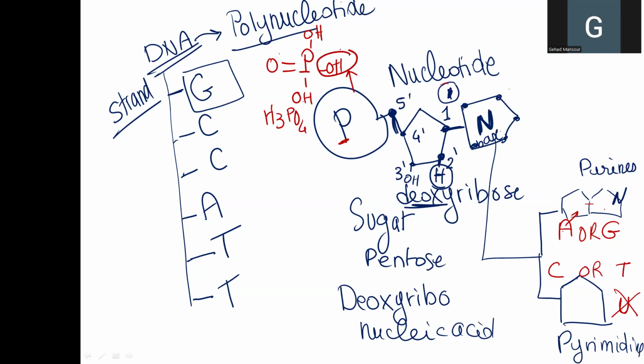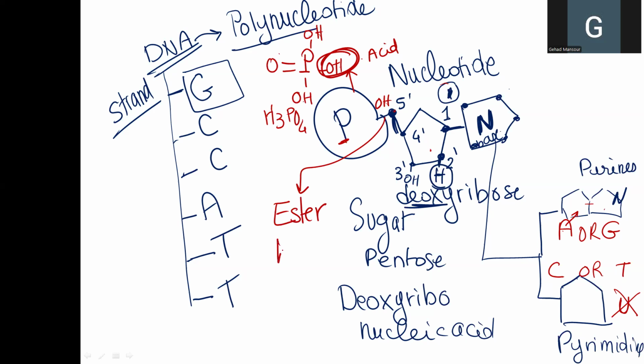And the OH of phosphoric acid makes a dehydration synthesis with the OH of the ribose sugar, because here this is CH2OH, and water is removed. So this bond that has been created by dehydration synthesis is called an ester bond.